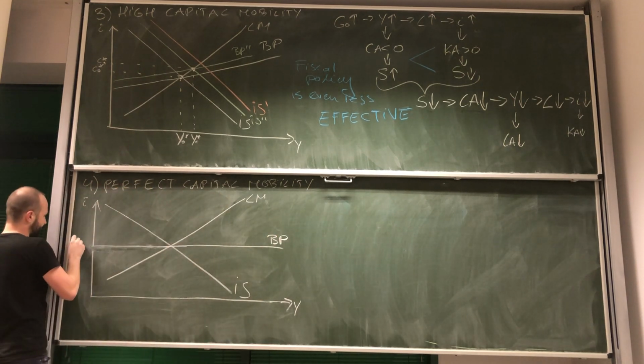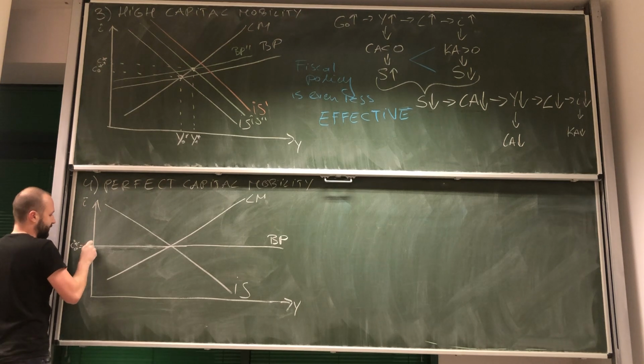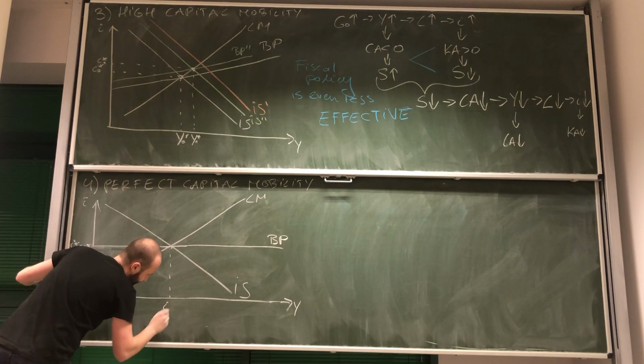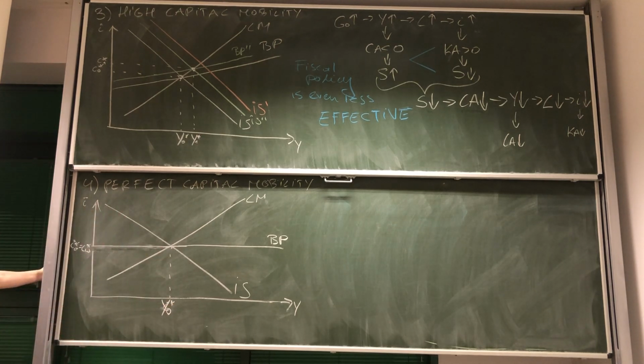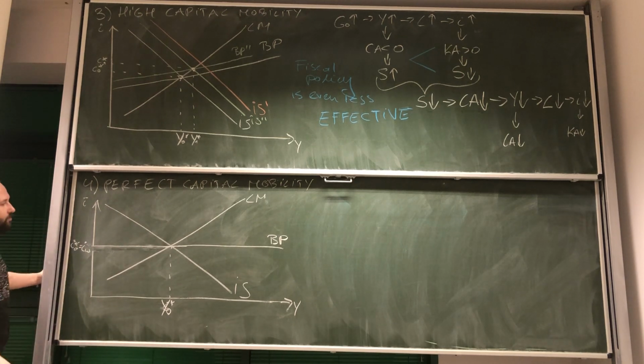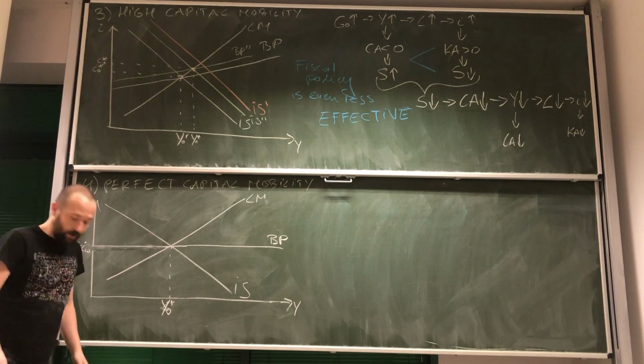So domestic interest rate in equilibrium is equal to world interest rate in equilibrium, and so we've got here Y0. Okay, and here we actually just need IW. We don't even need equilibrium. Okay.